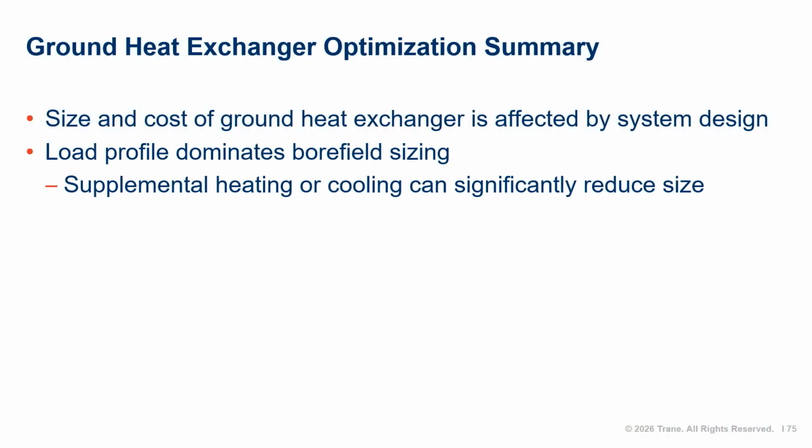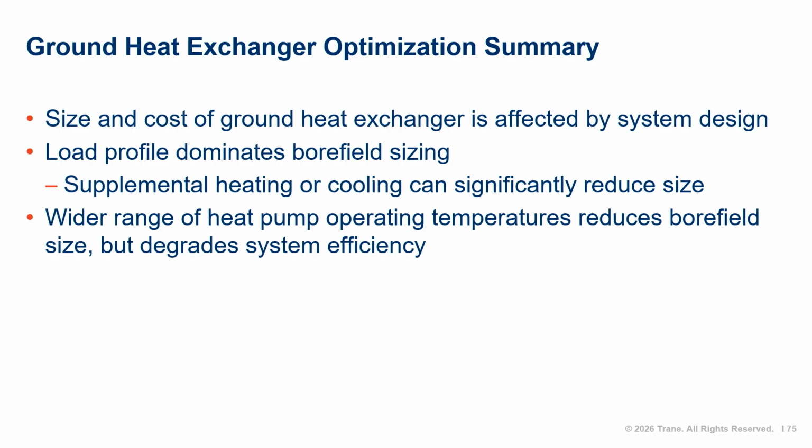Recapping a few points from the Borefield optimizations, designers have several levers that can affect the size and cost of the ground heat exchanger installation. Perhaps the biggest lever is the heating and cooling load profile. Building upgrades, supplemental coolers, or supplemental boilers can significantly reduce the required bore field size.